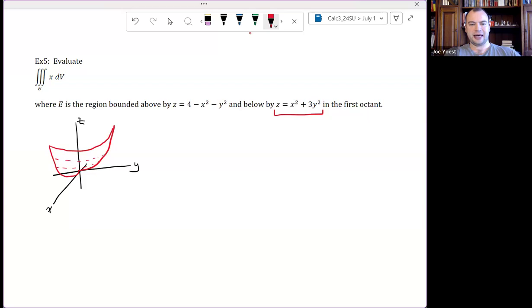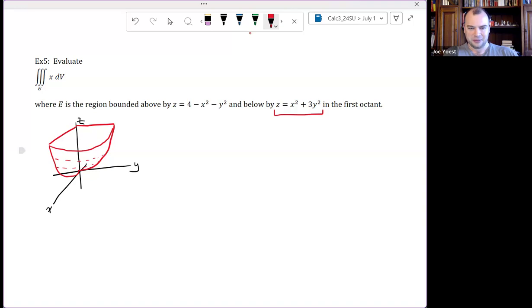So it kind of looks like that. And we are in the first octant, so we're only going to draw this bit for positive x and positive y. And then, of course, positive z.